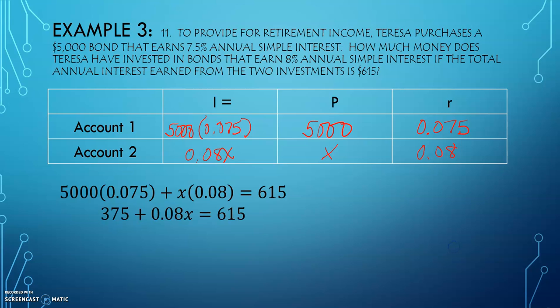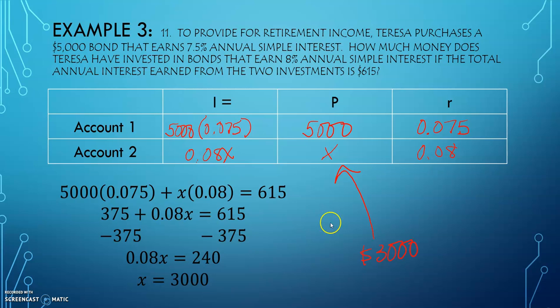Go ahead and multiply: 375 plus 0.08x equals 615. Subtracting that 375, 0.08x equals 240. Dividing by 0.08, we get x equals 3,000. So we know that in account 2, she should put $3,000. That is section 4.4, investment problems.